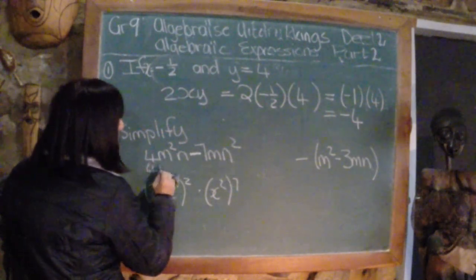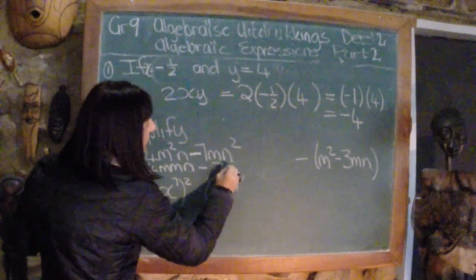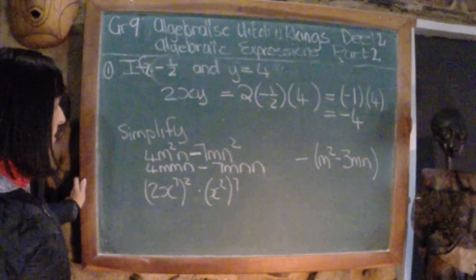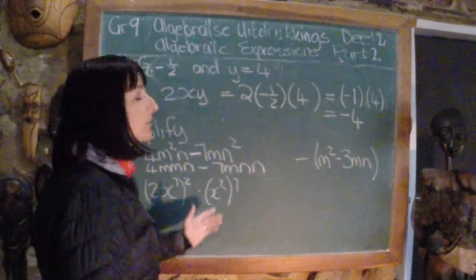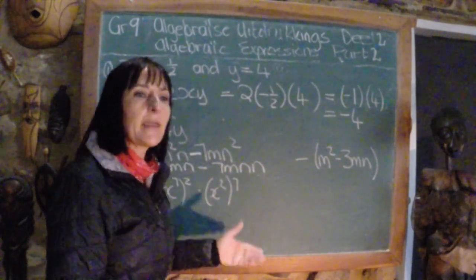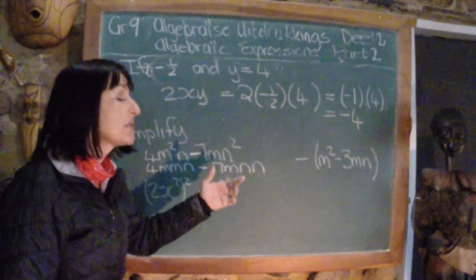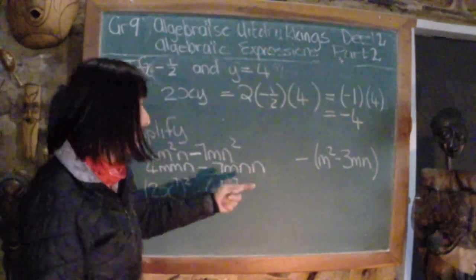Because there's 2 m's and 1 n, and in the next one, there's 2 n's and 1 m. So they are not subtractable because they are not the same. We cannot add and subtract things that are not the same.